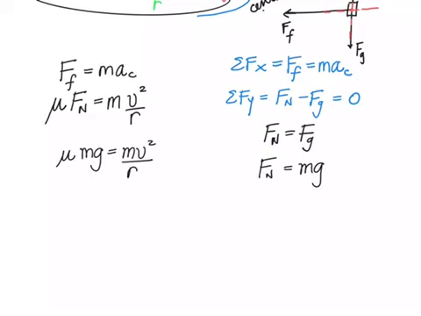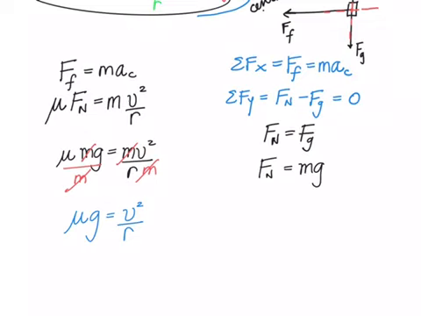Now I can see that I can divide by m on both sides. That's kind of exciting. And so what does that leave me with? That leaves me with mu g is equal to v squared over r. Now I'm looking for the speed.